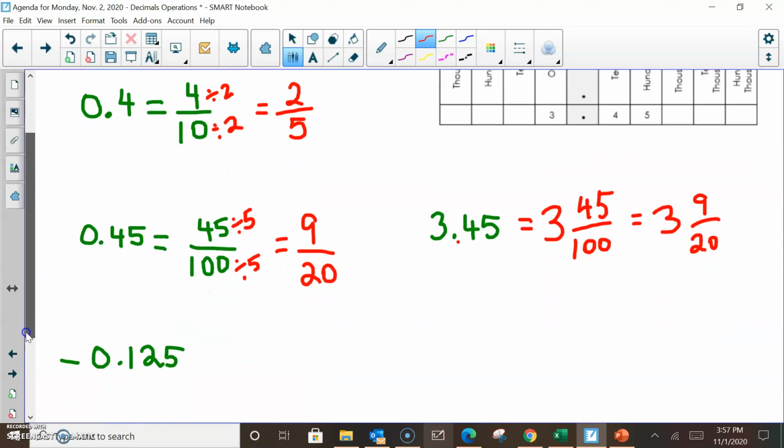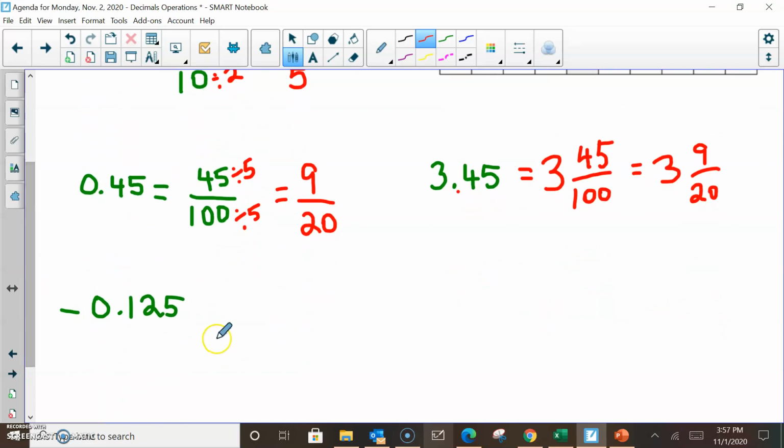We have one more here. Let's say it's a negative decimal. Well, that means our resulting fraction will be negative as well. In this case it is 125 thousandths. So 125 over 1,000, thousandths place value.